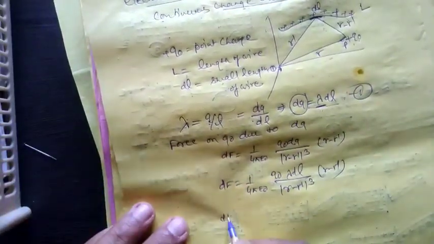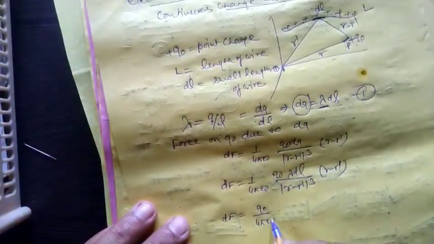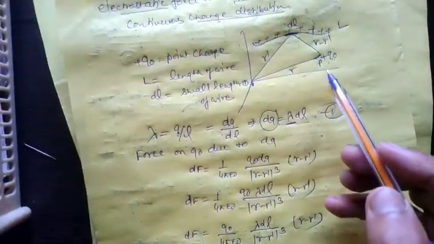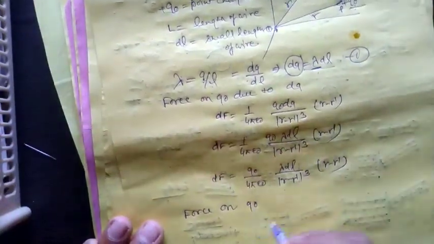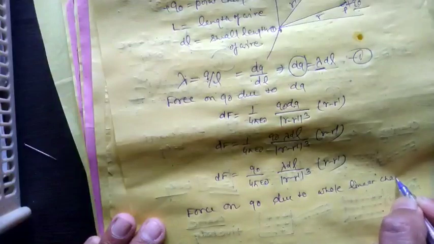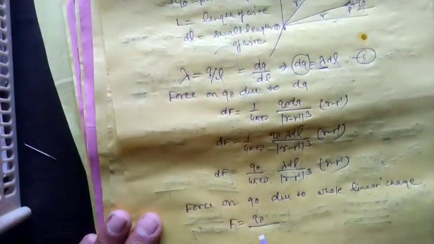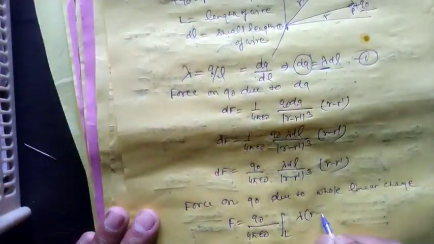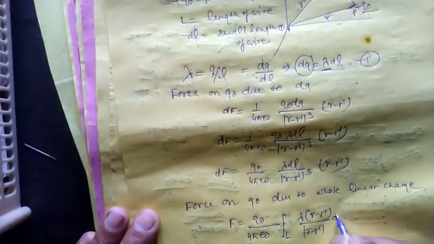Q0 is this, lambda dl. Now for the whole length of wire, the force on Q0 due to the whole linear charge: F equals Q0 upon 4 pi epsilon naught, integral over L of lambda (r minus r dash) dl upon |r minus r dash| cubed.